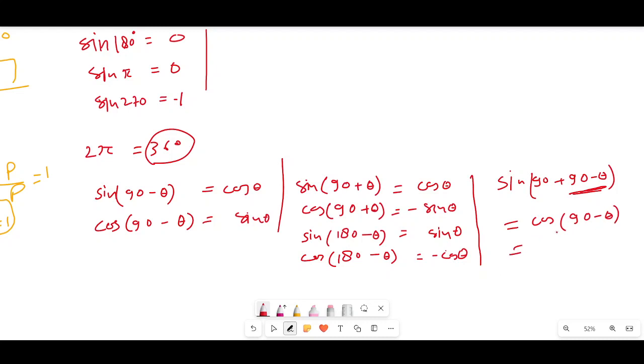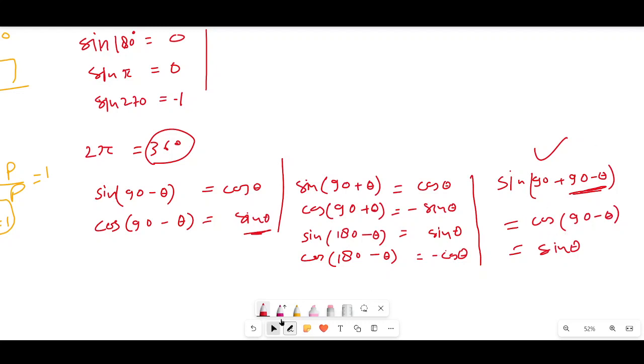And do you know the value of cos 90 minus theta? Cos 90 minus theta is sine theta, so we can write sine theta here. That is the point. Clear?